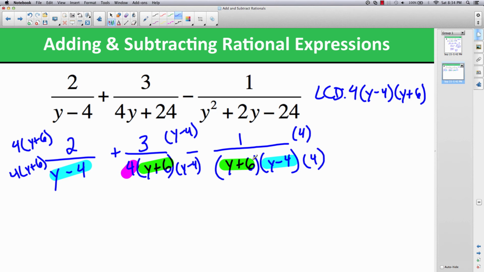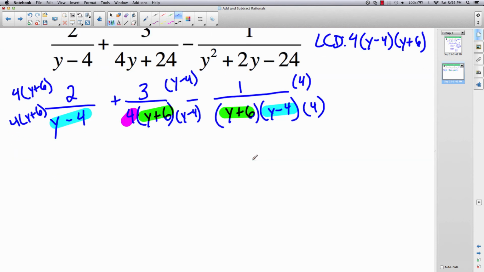Okay, so let's take a look and see what we get. Easiest thing would be to multiply the 2 and the 4 first. So that's going to be 8, and then multiply that by y plus 6.